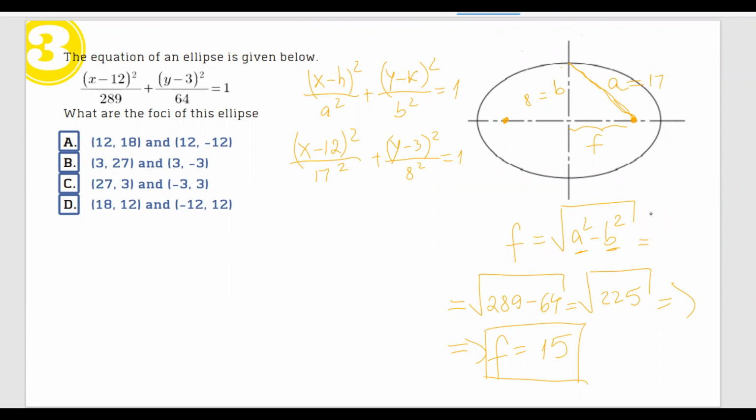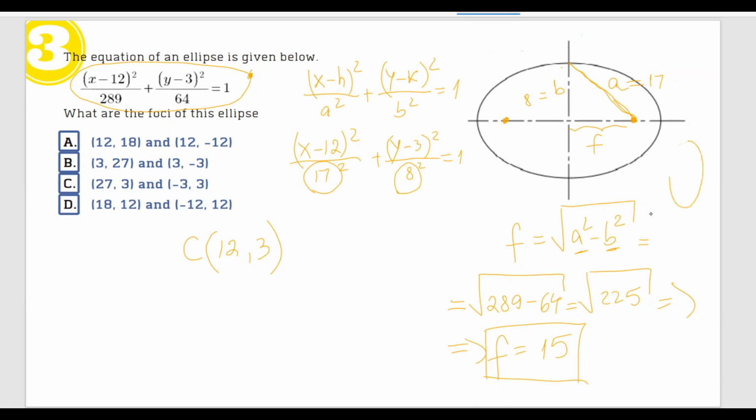So again, what are the foci of this ellipse? We have to find the coordinates. We know that the center of this ellipse, based on the equation given in the problem, is at 12 and 3. Now, since A is greater than B, that means my ellipse is horizontal like this, and it's not the other way around.